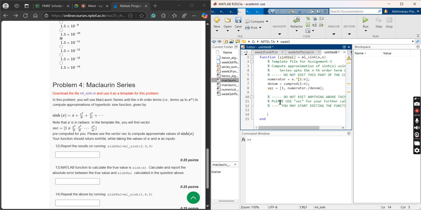Fine. So yeah, we have this vector already with us. There's nothing we need to do. We just need to take alternate terms of this vec vector, right?